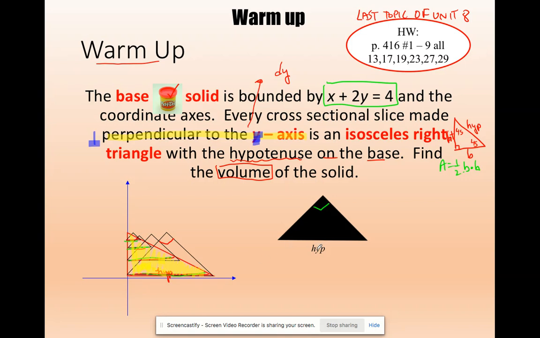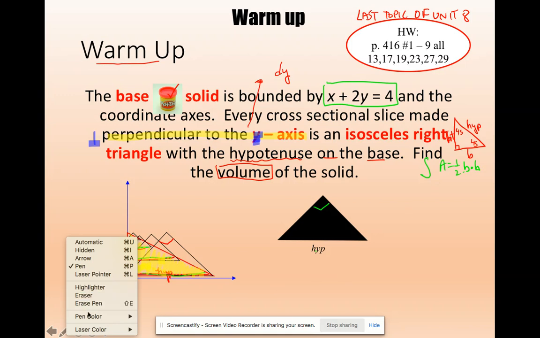So that's why I care about getting the hypotenuse in my area formula, because I am just going to sum all the areas of my shape. That is my Play-Doh strategy.